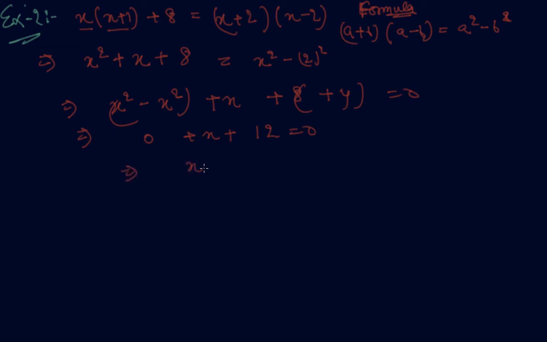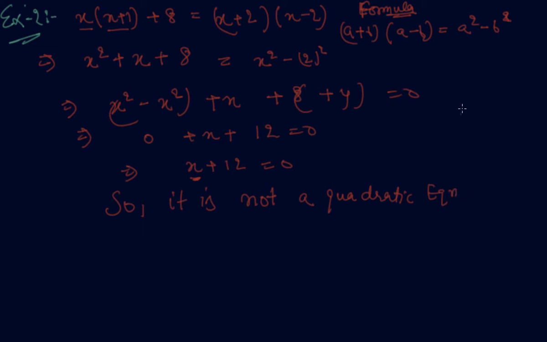So we are left with x plus 12. So what was the condition for a quadratic equation? The highest degree of x will be 2, but what we are getting here is that the degree of x is 1. So we can directly write that it is not a quadratic equation. I hope you all are clear with this.